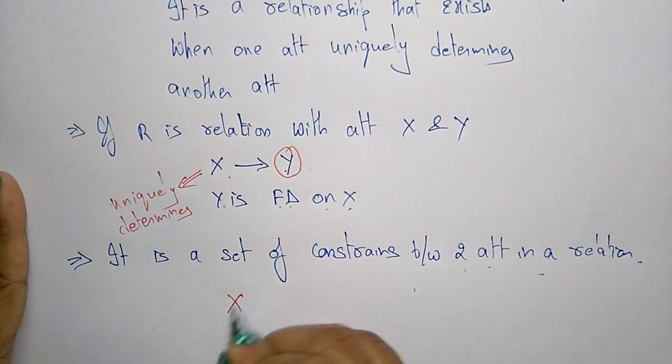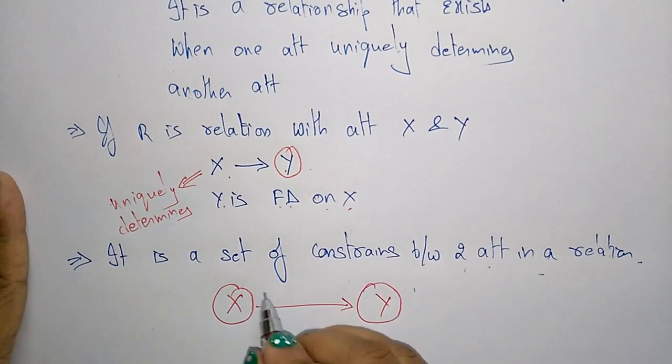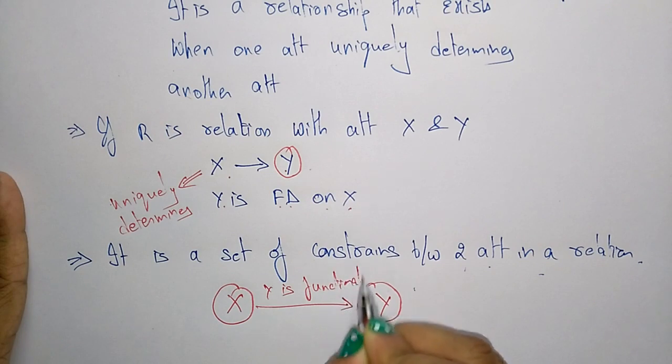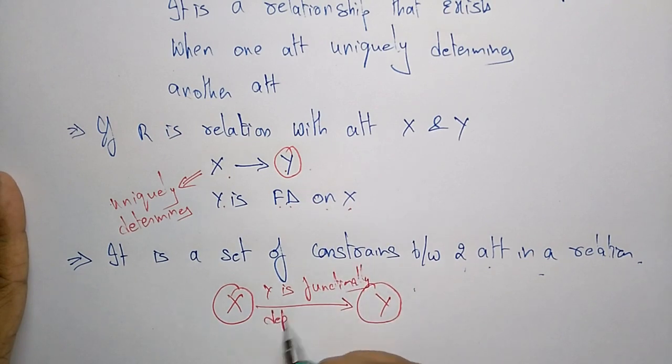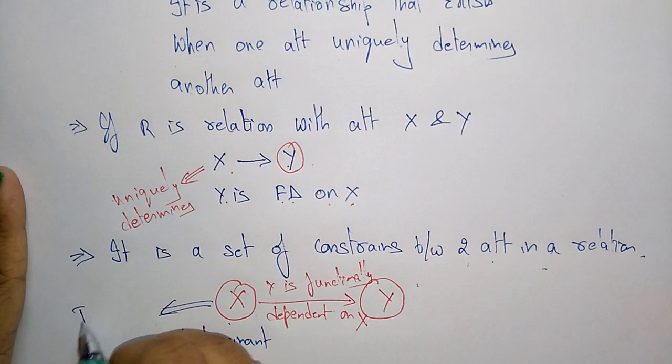This is the X attribute and this is the Y attribute, and Y is functionally dependent on the X attribute. Here X is always the determinant. It determines the other attribute. So X is a determinant, which means it is an identification key.